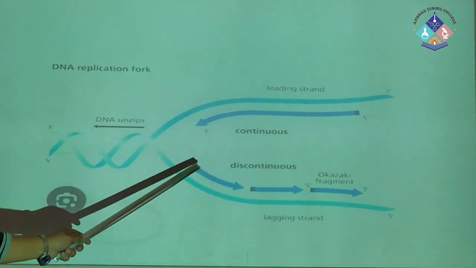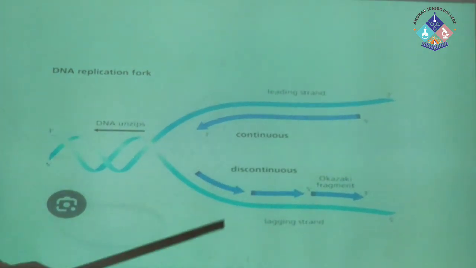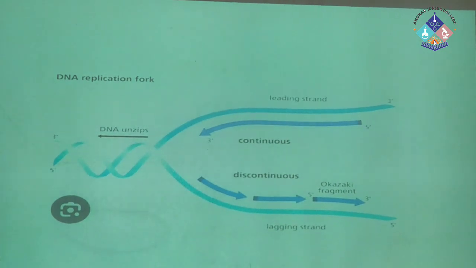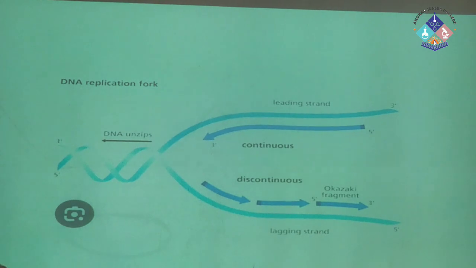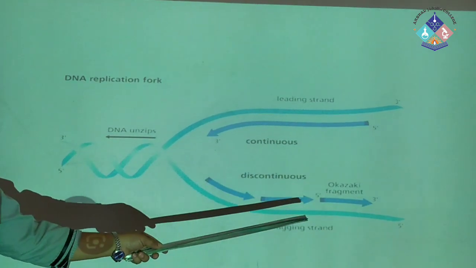We can see here that the lagging strand is in fragments. You can see the fragments. These fragments are called Okazaki fragments, and the name is given after the scientist who studied them, Okazaki.